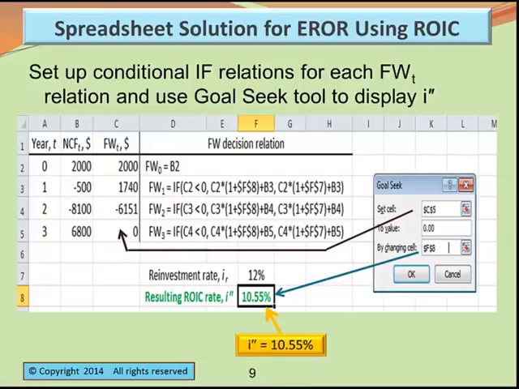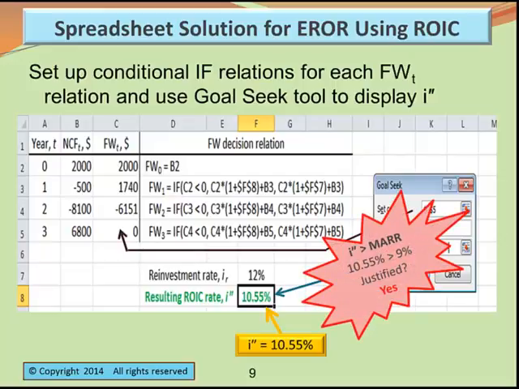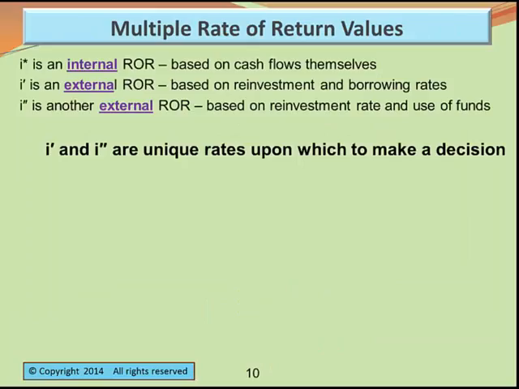As usual, the important closure to any such analysis is the economic decision. With i'' equal to 10.55%, it is larger than the 9%, thus the project is justified. Now for a quick summary of what we have learned about all these rates of return. The internal rate of return is determined exclusively by the cash flow values themselves.